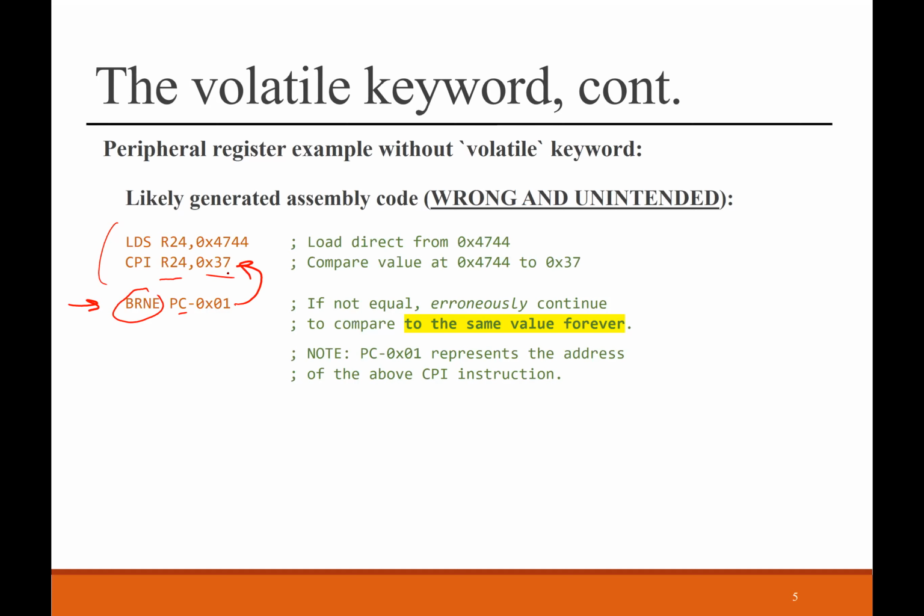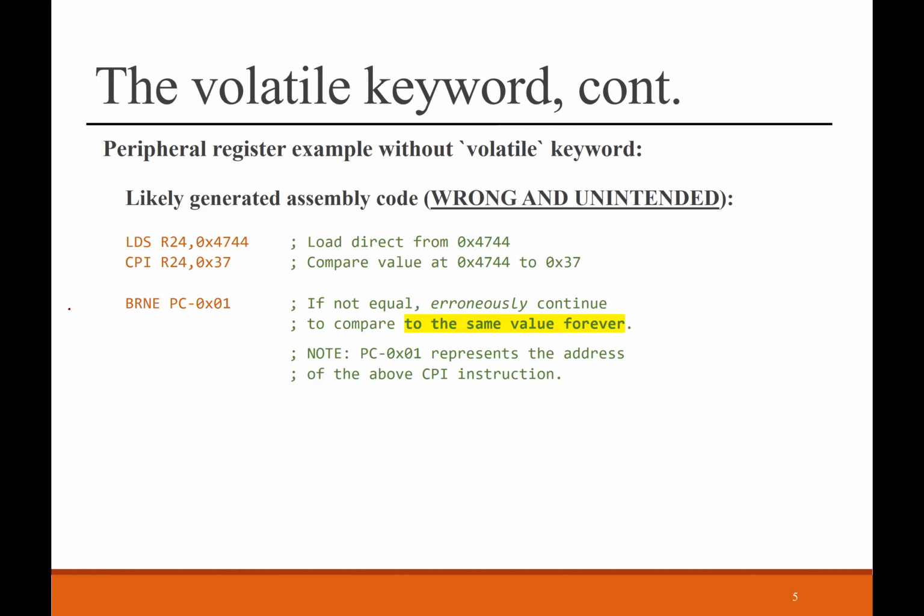So you see a problem with that? This line doesn't look for a new value at location 4744. Again, maybe location 4744 is an input port or some RAM, I don't know. Whatever's there, if it never looks back at this, then this is an endless loop it'll never get out of.